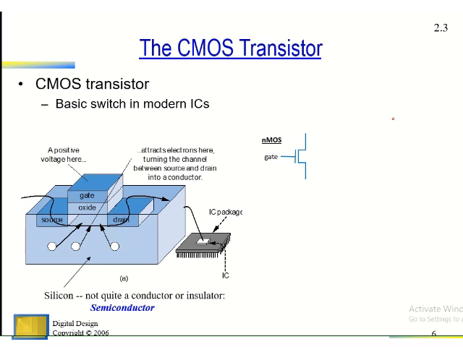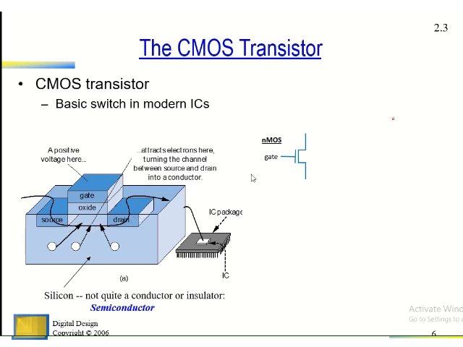In figure A you can see this is a cross-sectional view of the NMOS transistor, where it has source, gate and drain terminal. So how it works: whenever you apply a positive voltage over the gate, it will attract the electrons towards the gate, and as a result a channel will be created between source and drain. Because of this channel, now the transistor will conduct.